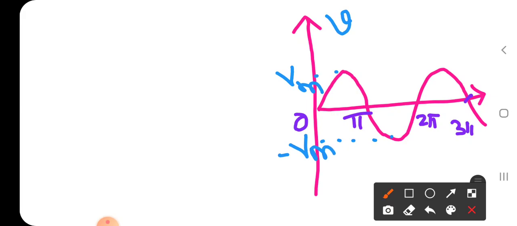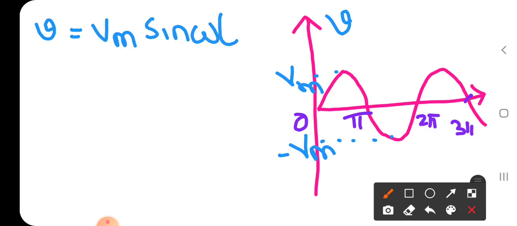As it is sinusoidal, I write the voltage as V equal to Vm sine omega t, where this axis is omega t.